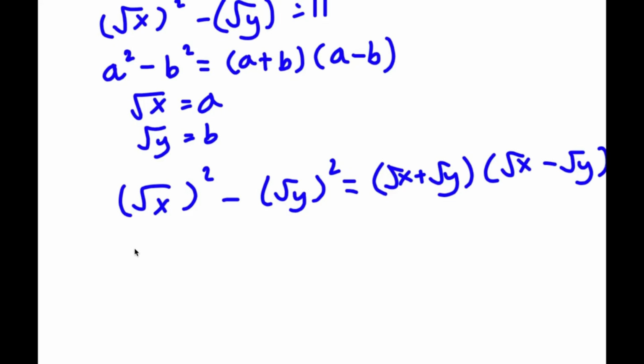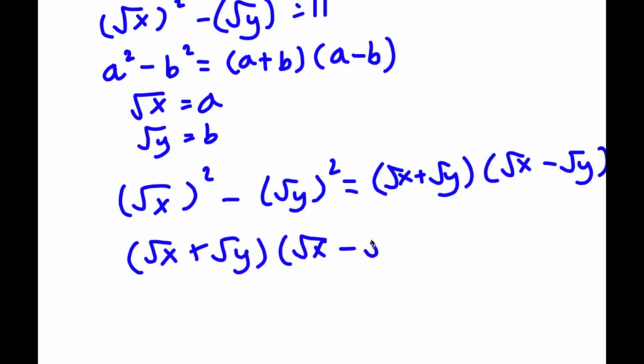So now we have the square root of x plus the square root of y times the square root of x minus the square root of y is equal to 11.